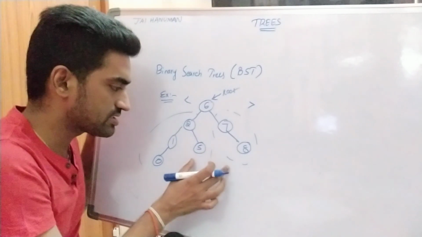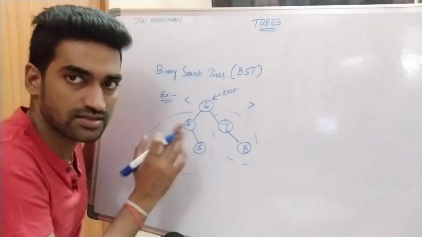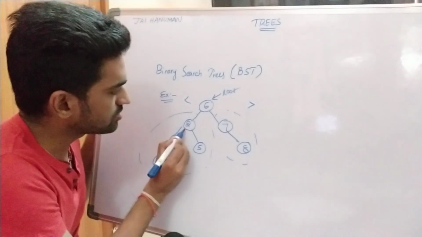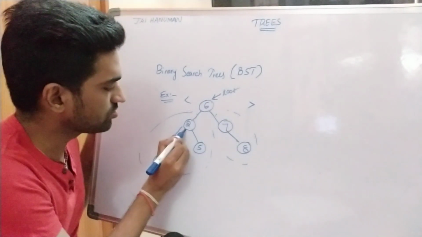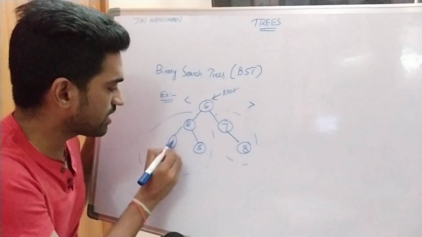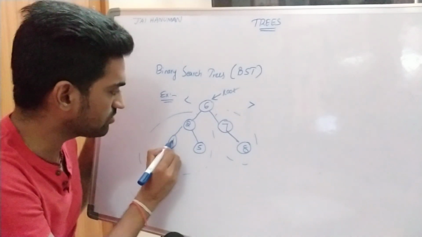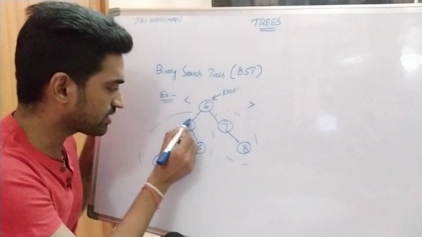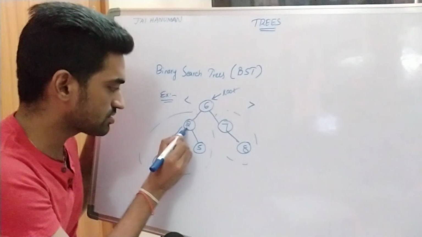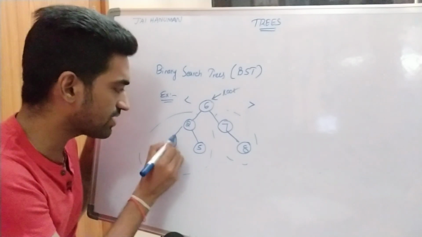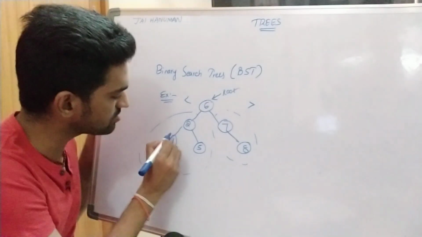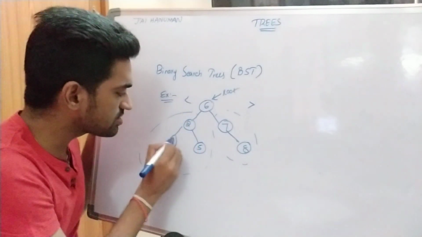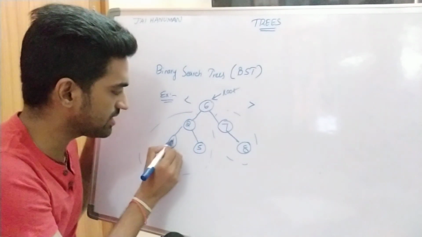That's why we can say that this is a binary search tree. Here, 2 is a lesser value when compared to the root node, right? Then 1 is a lesser value when compared to this root as well as the main root, so that's why we can place it on the leftmost side.